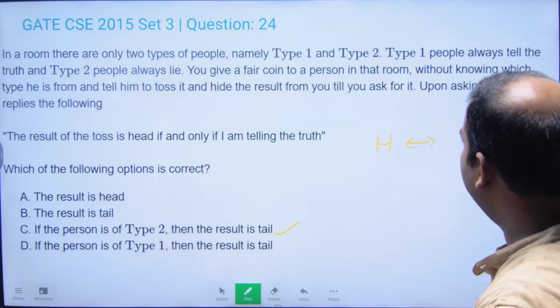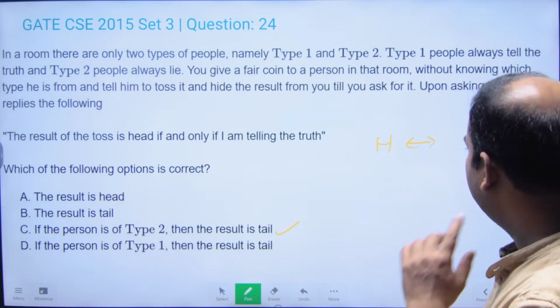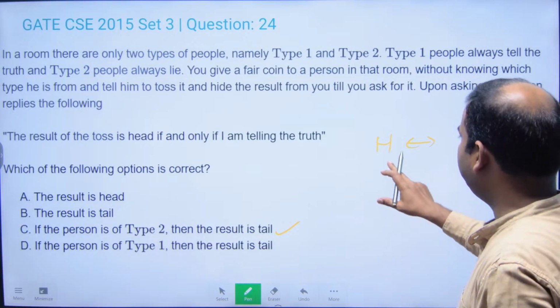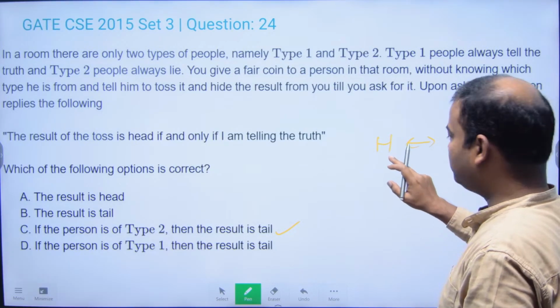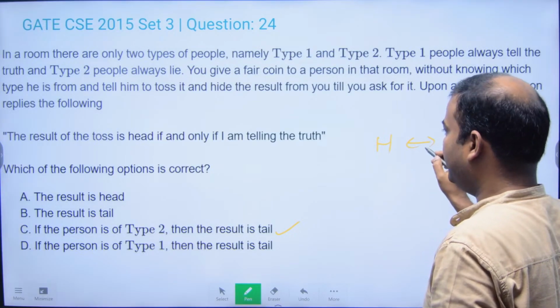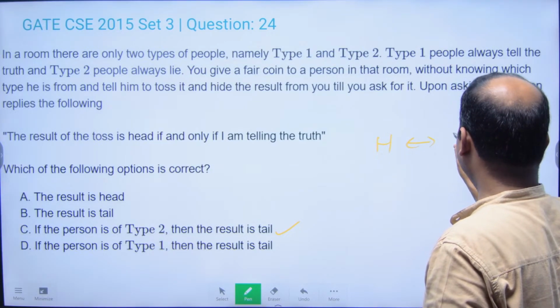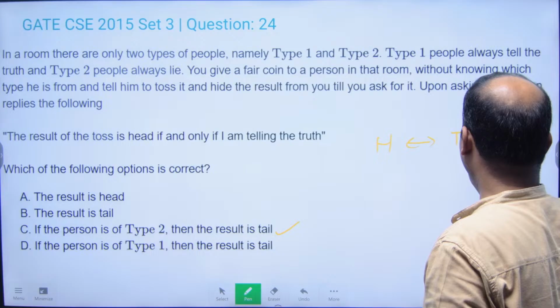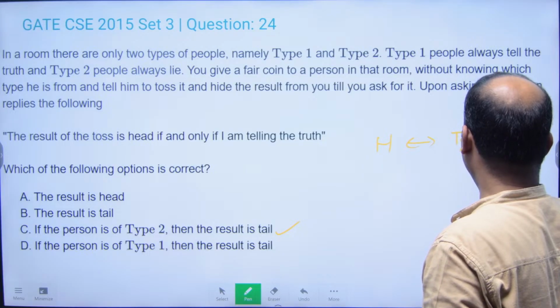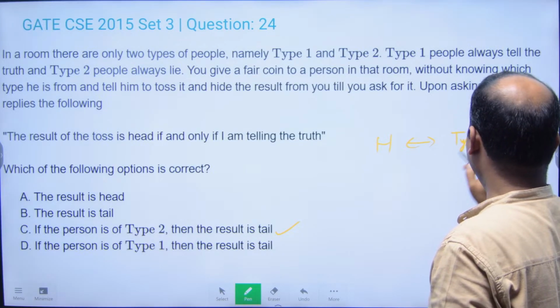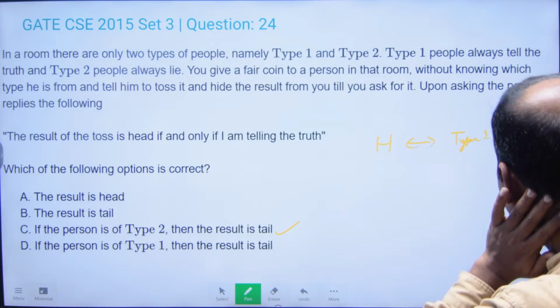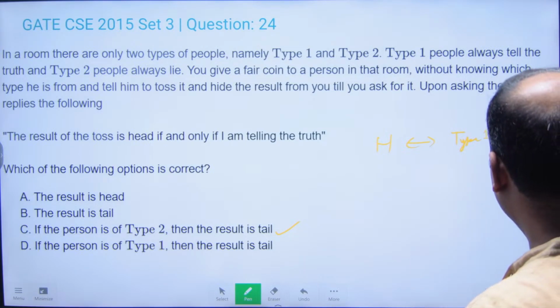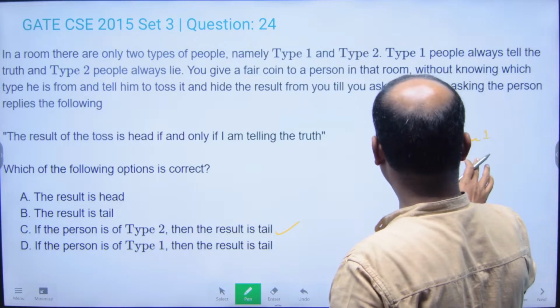If he is type 1, type 2, this is head. This statement is, I am just writing head if it is telling the truth. So if it is type 1, okay, and now this is told by type 1.